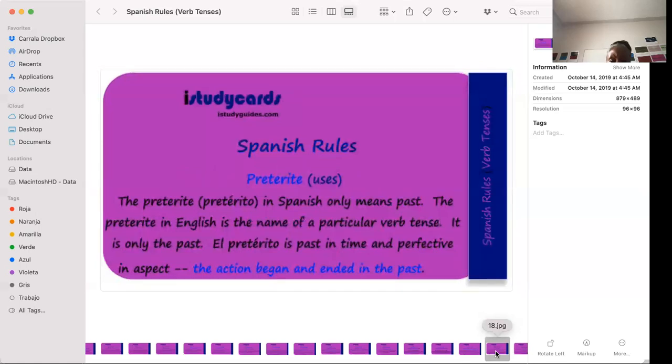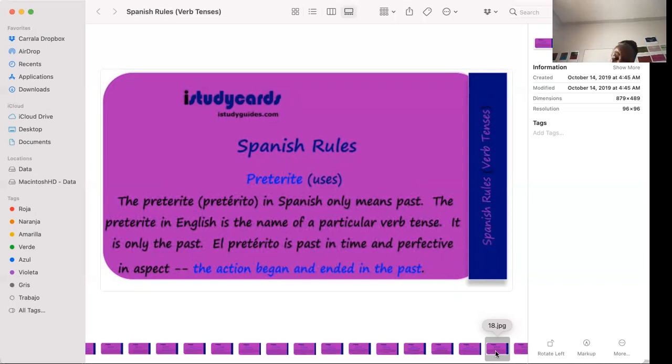Okay. So the preterit in Spanish, preterito, only means the past. The preterit in English is the name of a particular verb tense, but we don't use that name. If I say preterit, people probably wouldn't understand me.